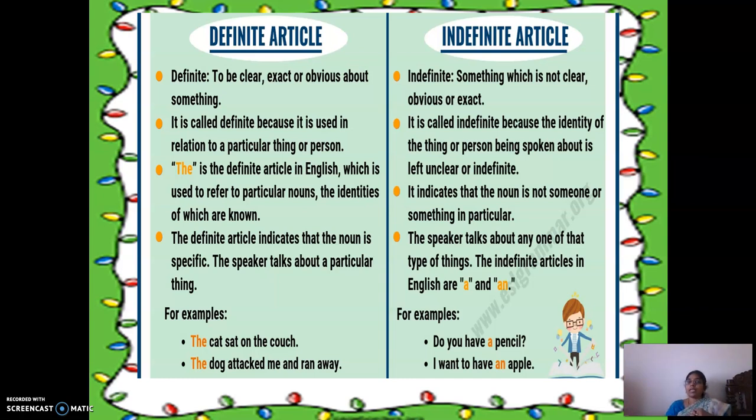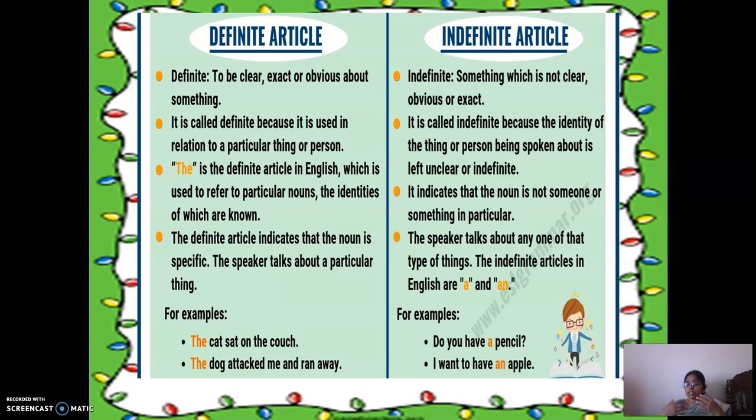Definite. Indefinite article. Indefinite article, something which is not clear, not obvious, or not exact, we will use indefinite articles. It is called indefinite because the identity of the thing or a person being spoken about is left unclear.